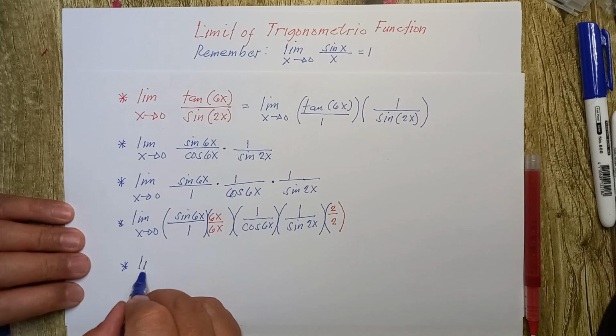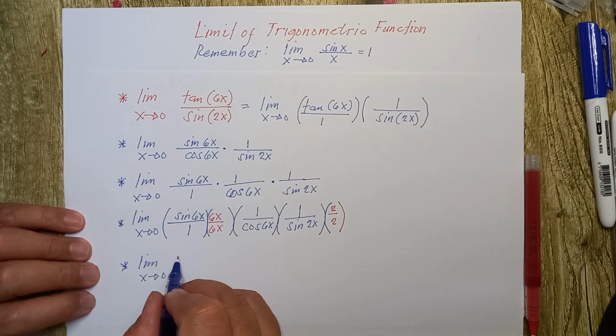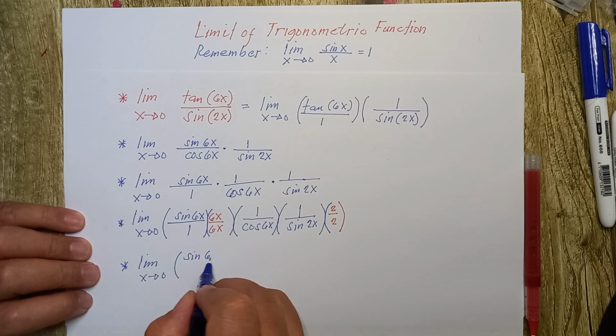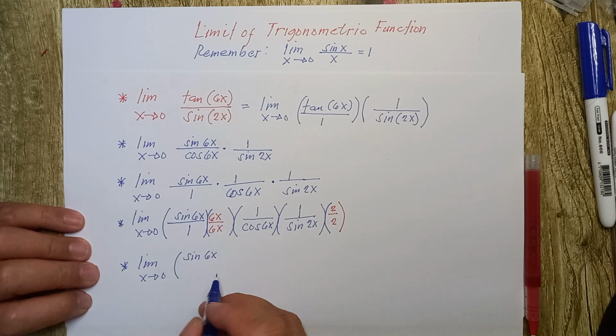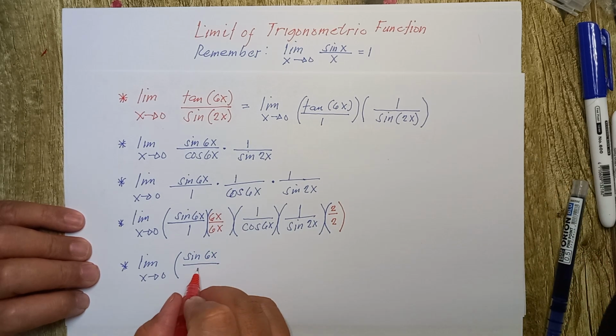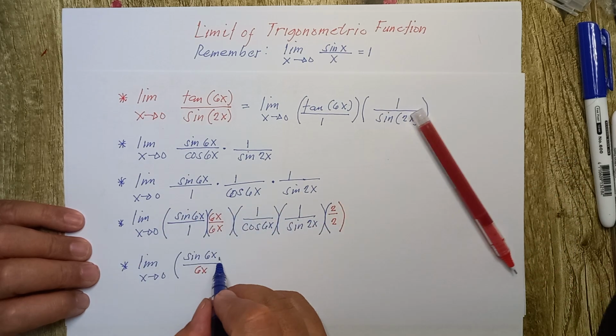the limit of your x as your x is approaching 0, multiply it in here. So let's try to have sine 6x, this one, that will be 6x.